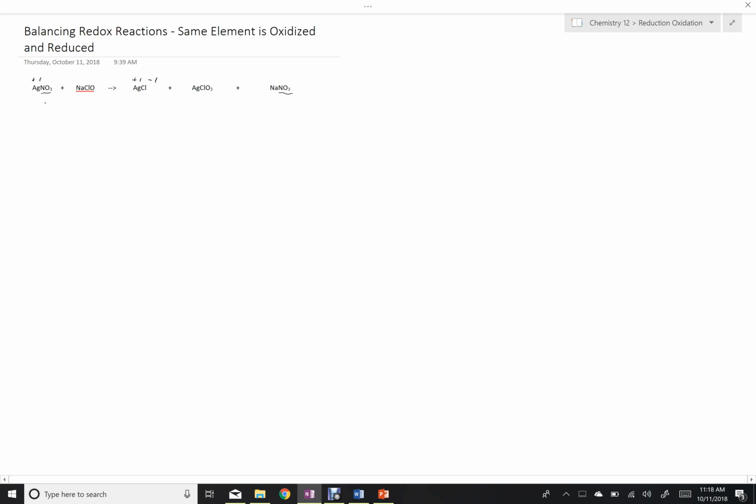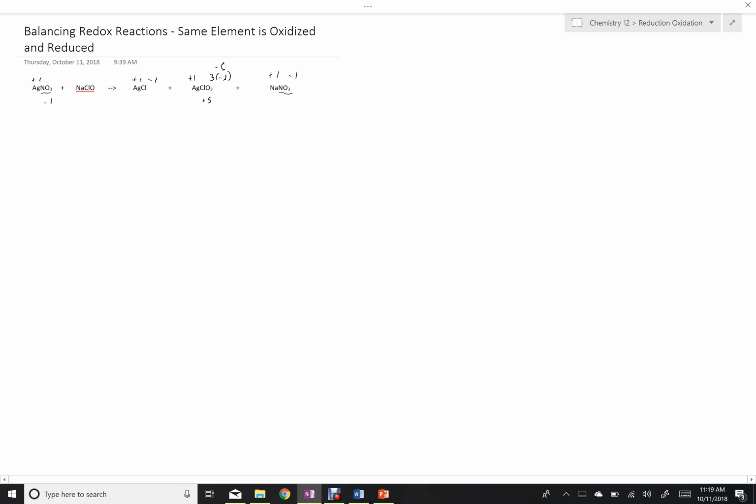So that's a +1, that's a -1 for the nitrate. Here, silver is +1 with its -1 for chlorine. And here it's going to be +1, and this chlorine is going to have a funny oxidation state. So 3 times -2 gets me -6, and so the chlorine here is going to be +5. And then sodium +1 with the nitrate -1.